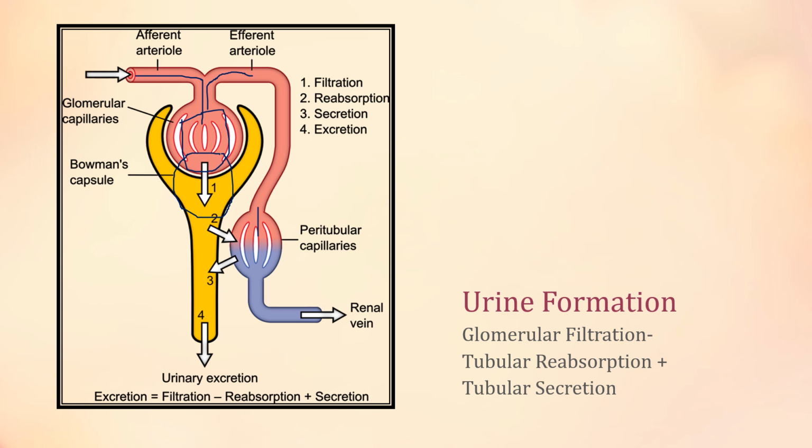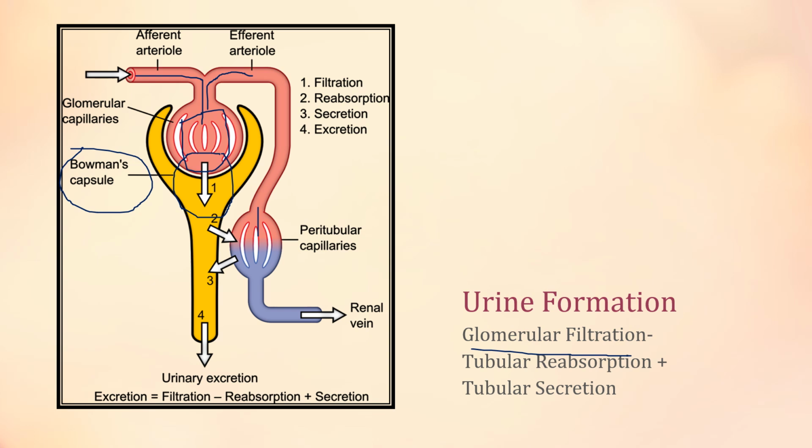The glomerular capillaries are three-layered. It has an epithelium, a basement membrane, and an endothelium. When fluid is filtered across these three layers into the Bowman's capsule, then it is known as glomerular filtration.